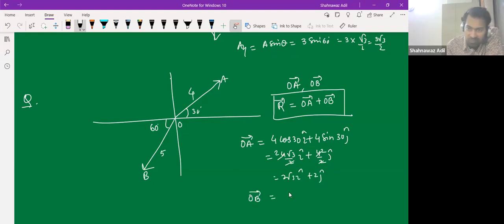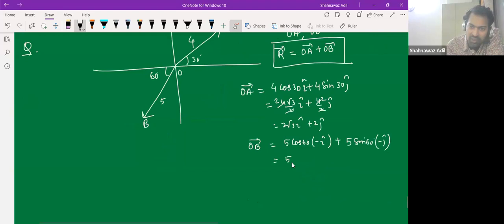This would be 5 cos 60 in the minus i hat direction. And what would be the Y component? The y component would be 5 sine 60, minus. So this would be 5 by 2 minus i hat minus 5 root 3 by 2 j hat.